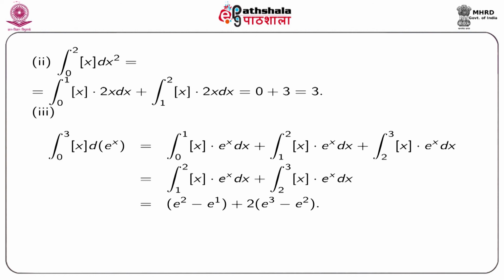So, in all these results we have actually used that particular result, that when the integrator has continuous derivative in closed interval [a, b], the Riemann-Stieltjes integral of f with respect to the integrator alpha is given by the Riemann integral of f alpha dash.